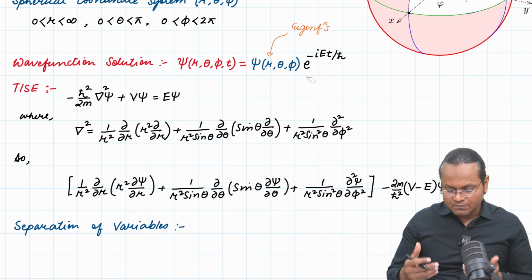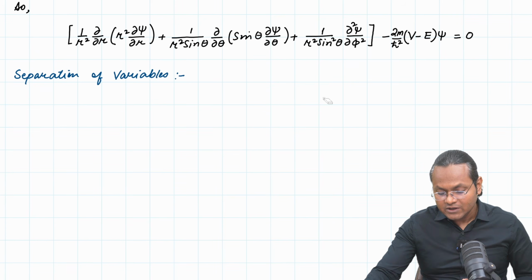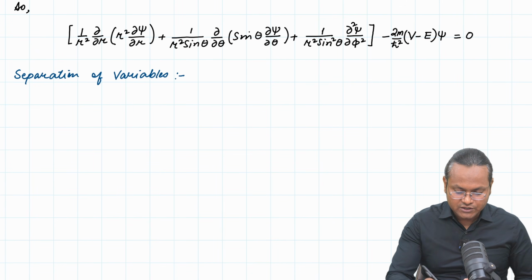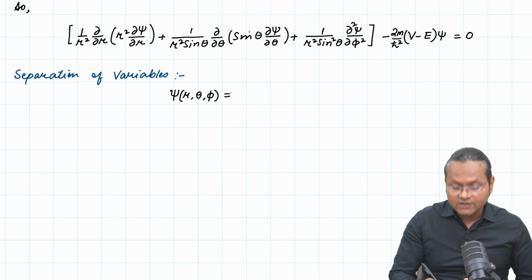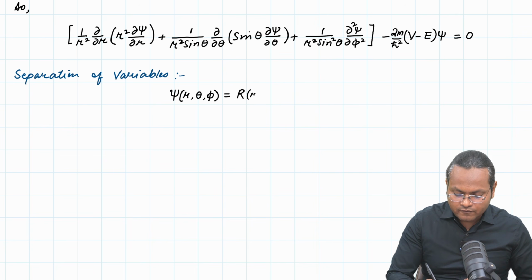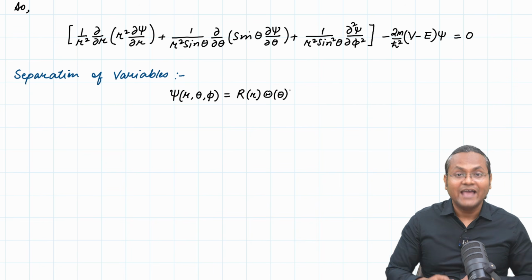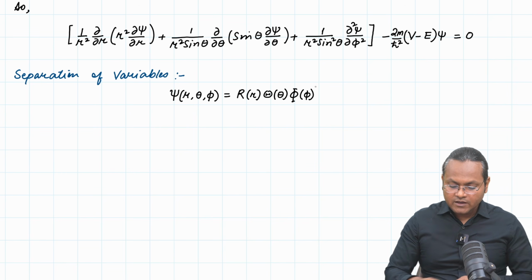That way, we can simplify the second order partial differential equation into 3 distinct ordinary differential equations. So the eigenfunction solution psi of r, theta, phi can be assumed to be the product of a function R of the radial distance, a function Theta of the angular displacement, and a function Phi of the azimuthal displacement.